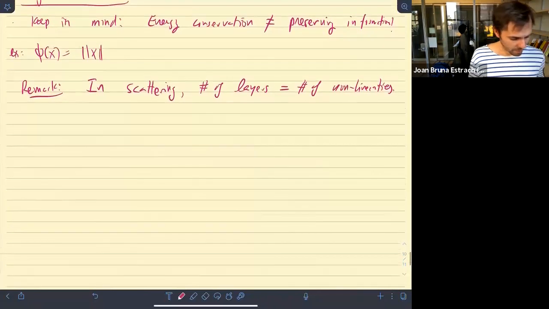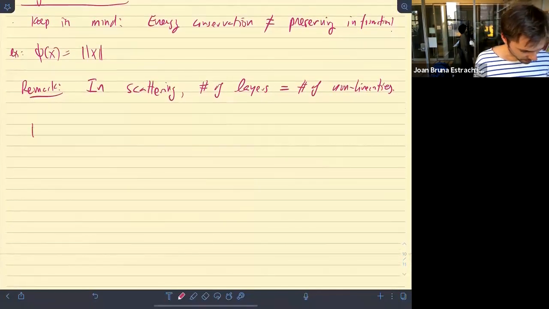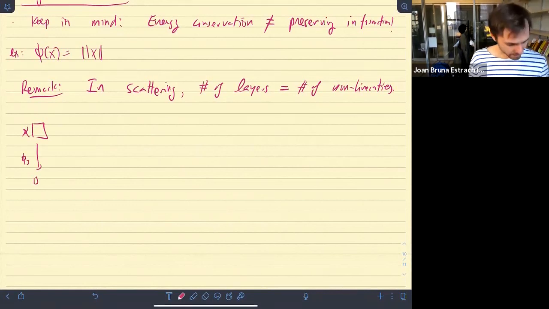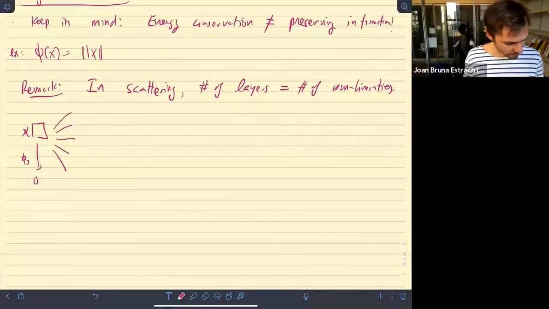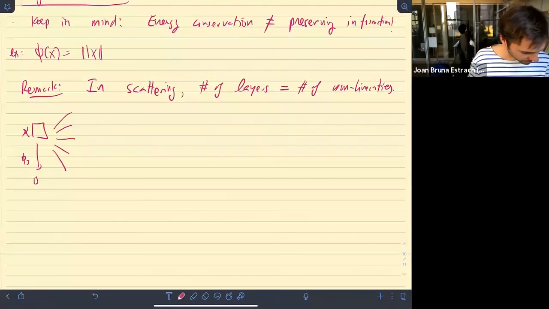Remember in the transform, I have some x, and then I apply this low pass filter, and then in the first layer I have different wavelets at different scales. Some wavelets extract very fine details, and some other wavelets extract very coarse details.